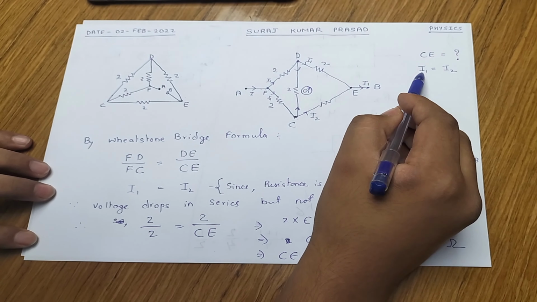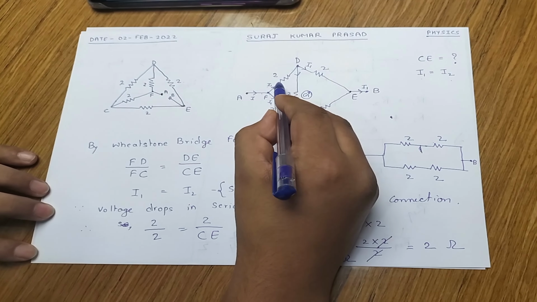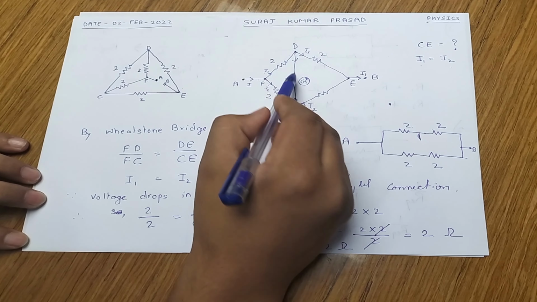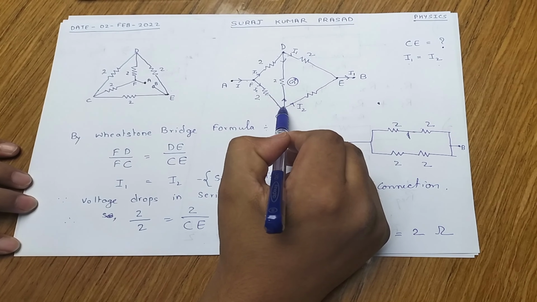As in the previous case we have already learned that I1 equals I2 because the resistance is the same, and since it is the Wheatstone bridge, no current and no voltage is going to pass over this middle connection.